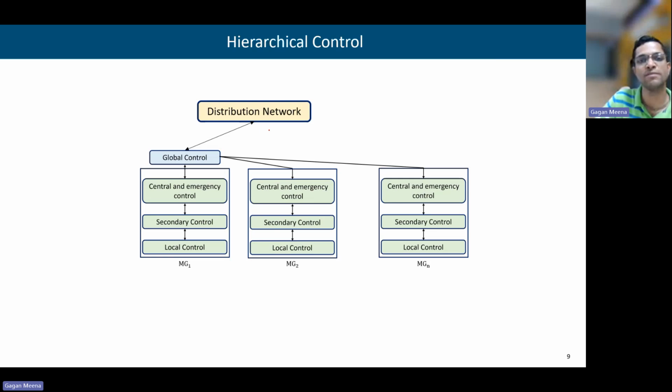In the distribution system, here we have a distribution network and then we also have a distribution network operator, which has access to this distribution network and each of these microgrids.